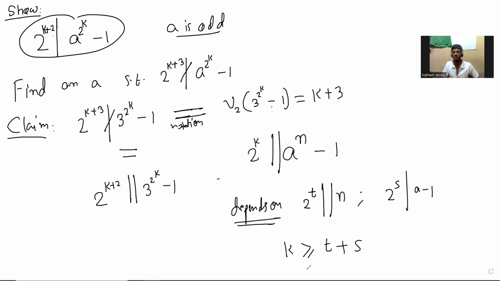What we did was a special case, when n was exactly 2 to the k, but in general you can prove it: when n has t powers of 2, and if a minus 1 is even, so it has, let's say, s powers. In our case, it was 1 power, right? Then what we are divisible by is t plus 1. In fact, it was t plus 2, right?